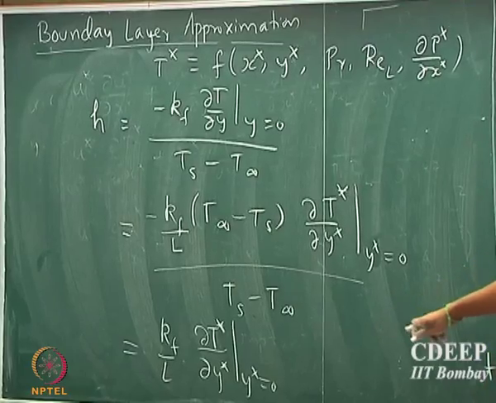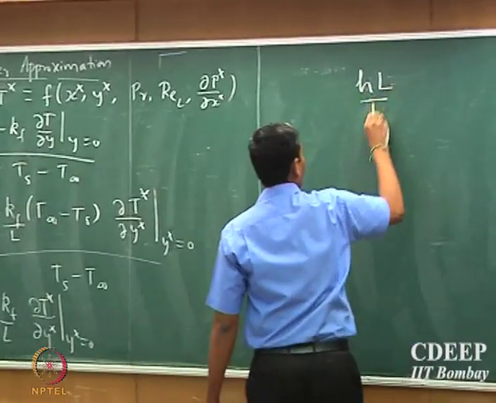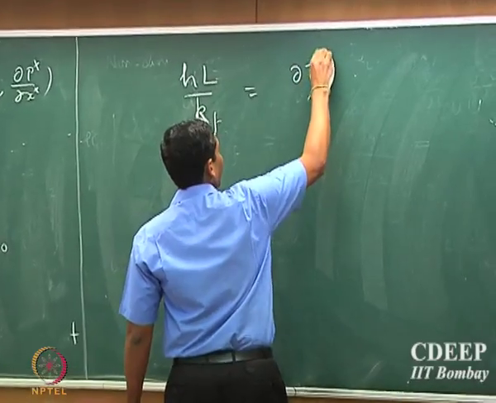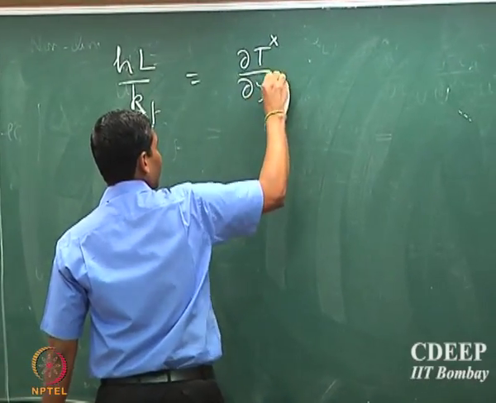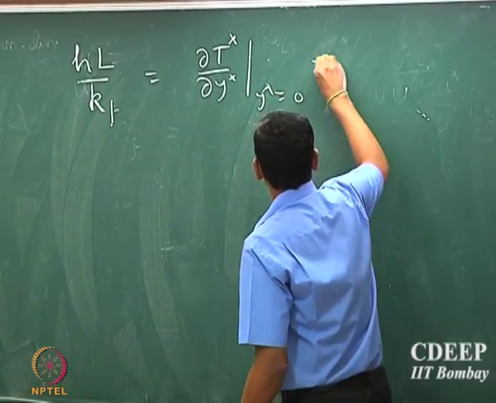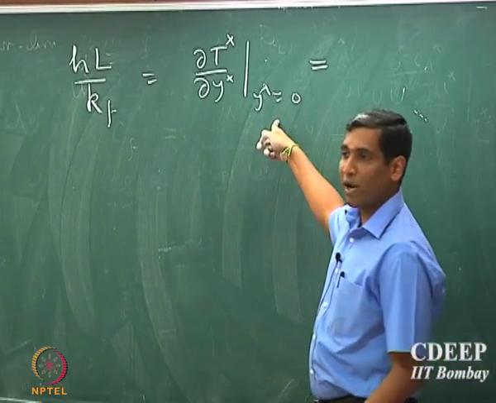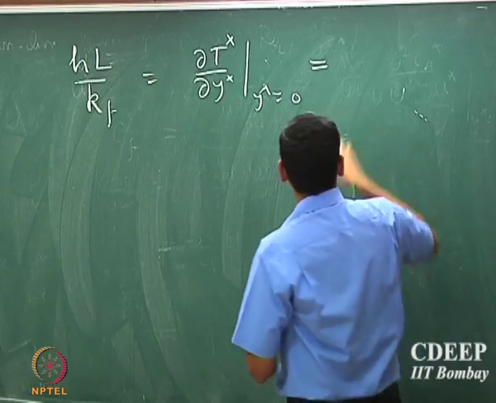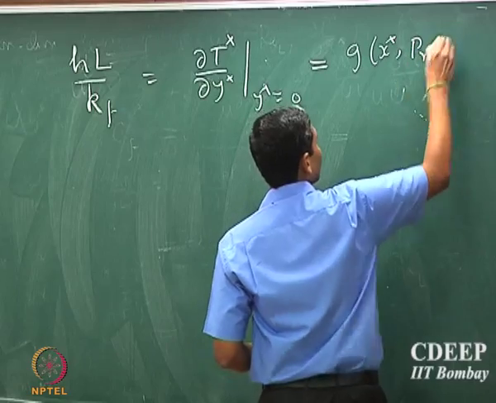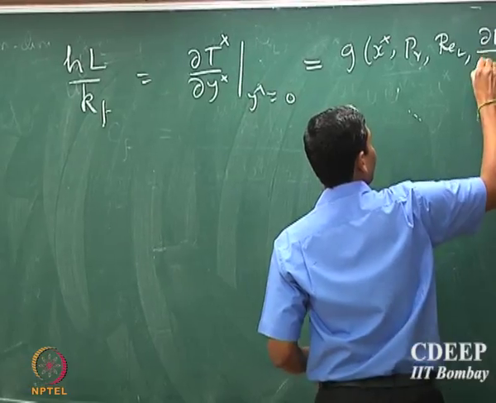So this equation we can now rewrite as h into L by kf equal to dT star by dy star at y star equal to 0. Now, because you are evaluating at y star equal to 0, this is only a function of x star, Prandtl number, Reynolds number, and dp star by dx star.